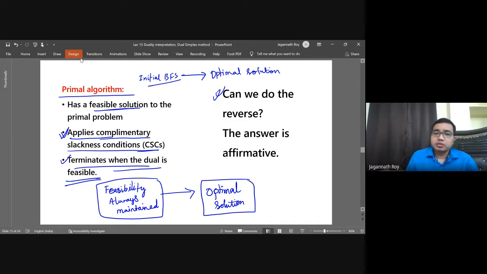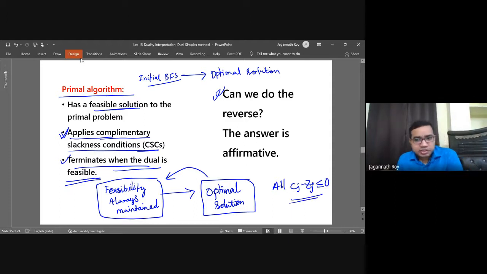Now there is a method called the dual simplex method, which is actually doing the reverse. The optimality conditions, all the Cj minus Zj will be less than or equal to 0.